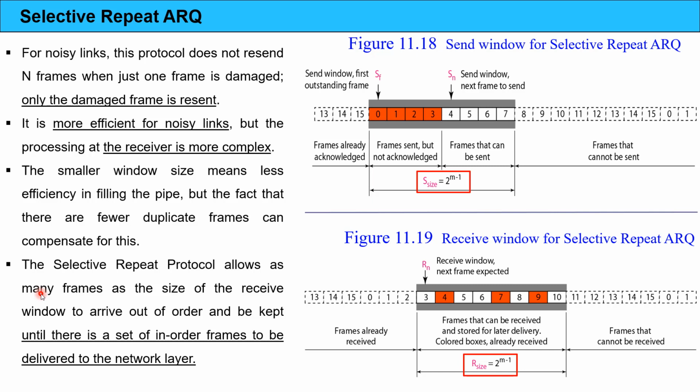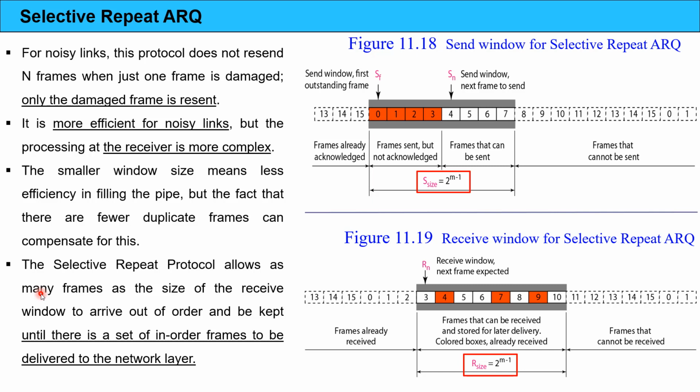If I receive 5, then 3, I will shift to 6 and then deliver to the network layer. Okay? So in this example, if I ask you, after receiving 7, will it be delivered to the network layer? No, because I'm waiting for in-order frames.